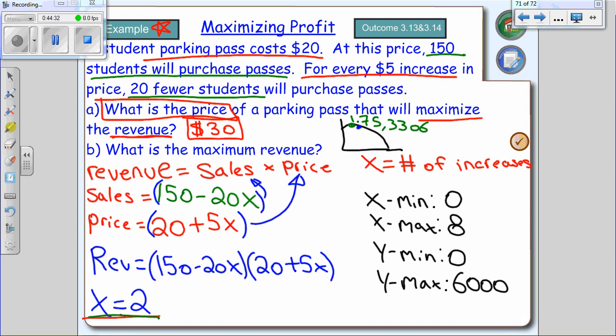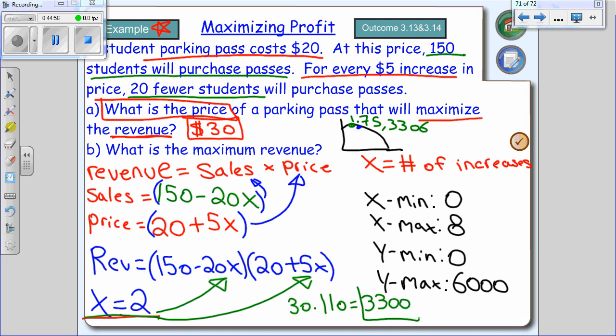So you end up with 30 times 110. And that tells you what your maximum revenue actually is, which is $3,300. But you use the value of x to answer those 2 questions. Y is your revenue.